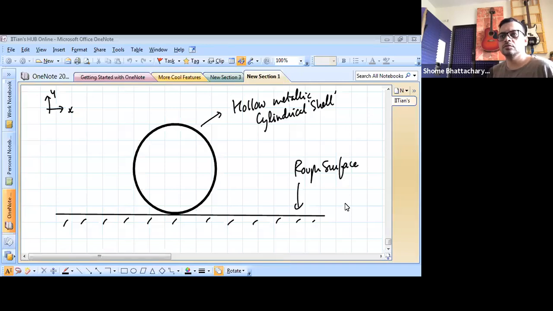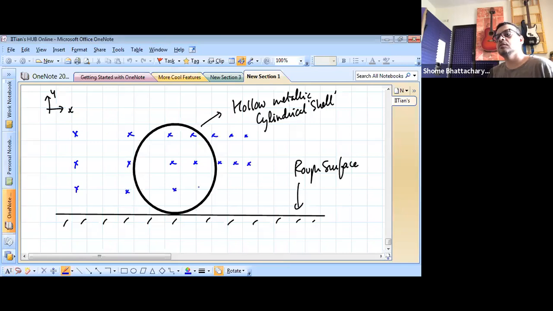Okay. So this is in a region where there is again that kind of non-uniform magnetic field, increasing linearly with the x coordinate, but going into the plane.